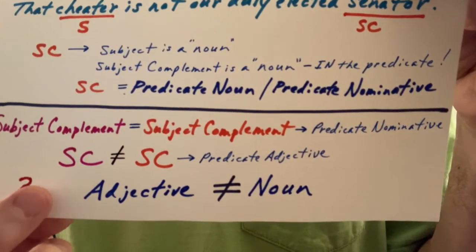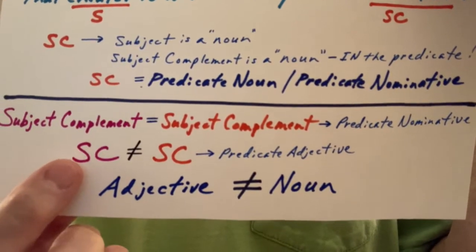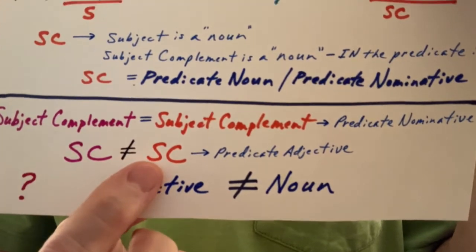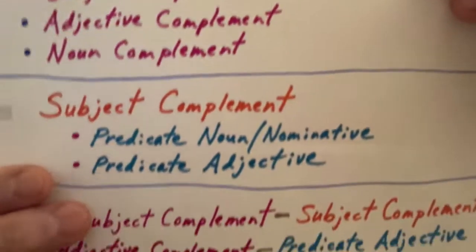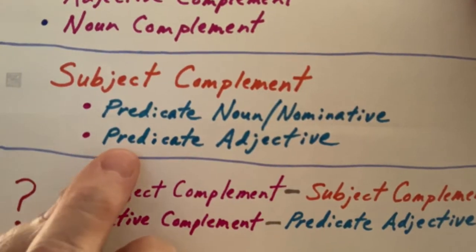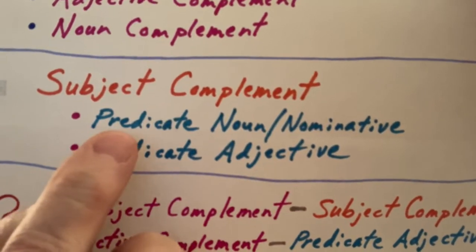In other words, the subject complement, as I use it, is not equal to the traditional subject complement in the role of predicate adjective. It has to be in the role of predicate nominative. Okay, I wanted to make that clear.